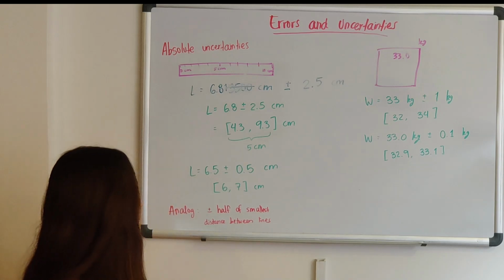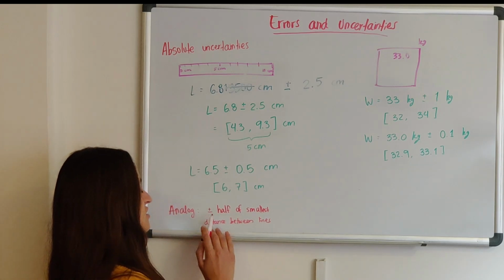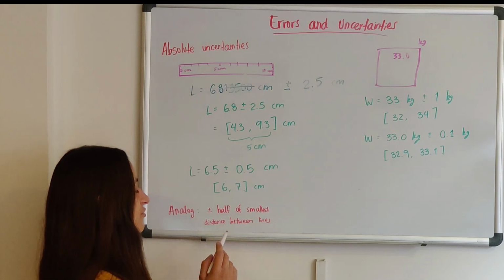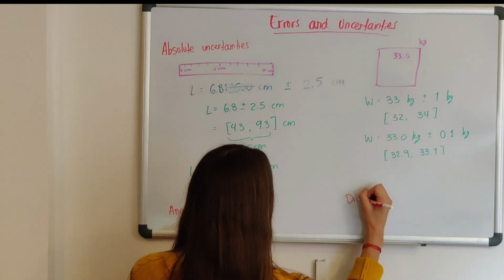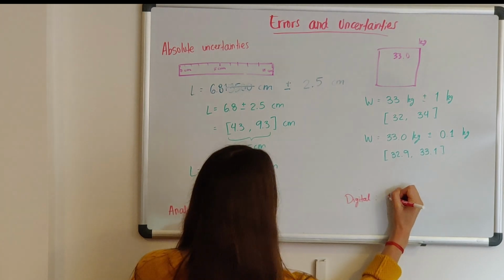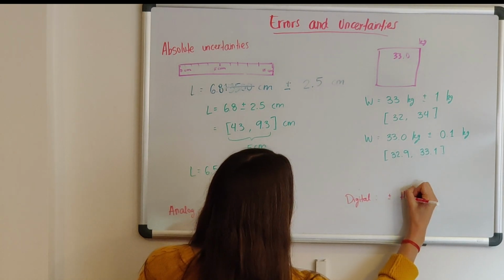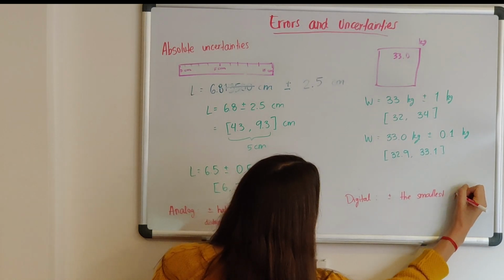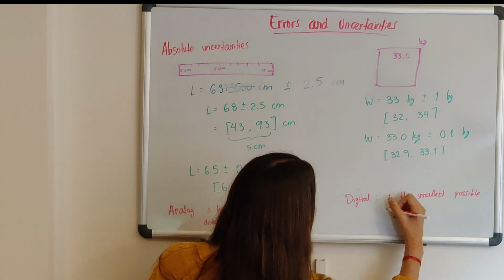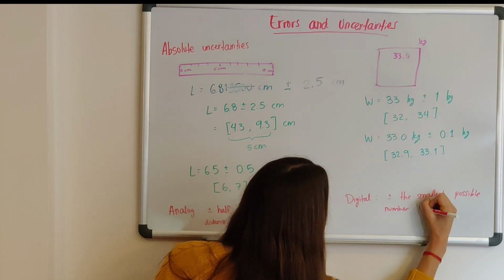So basically, to summarize this, in analog devices, you add and subtract half of the smallest distance between lines, while in digital devices, you add and subtract the smallest possible number that you can read.